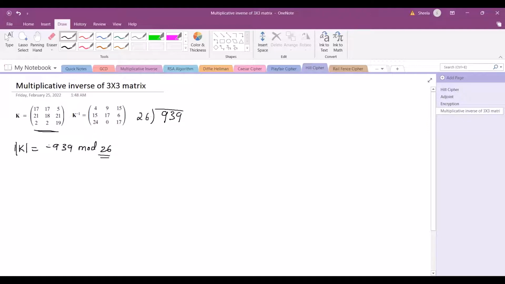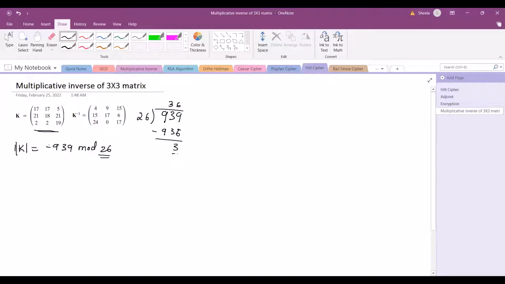Forget about the sign first. First, you find the remainder, and later subtract the remainder from 26. So you are going to get the modulo. When I divide 939 by 26, I'm going to get the remainder as 3.